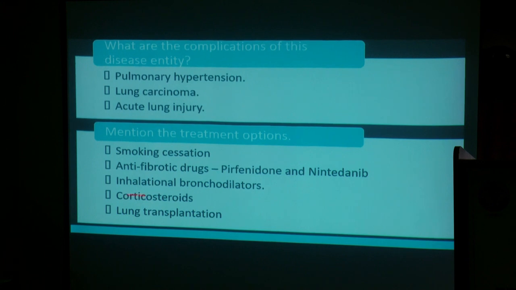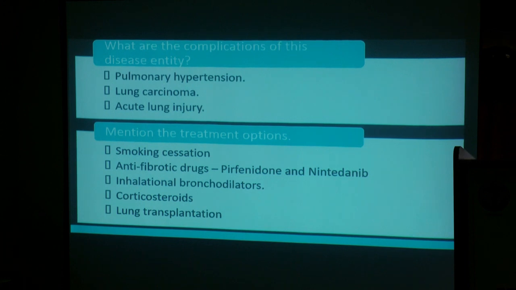I would like to stress upon the two antifibrotic drugs, pirfenidone and nintedanib, whose mechanism of action is not very clear, but they are useful because they reduce the fibrosis activity in all ILD patients. And the only main resort treatment for CPFE is lung transplantation.